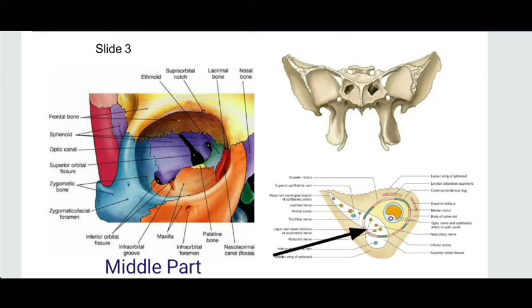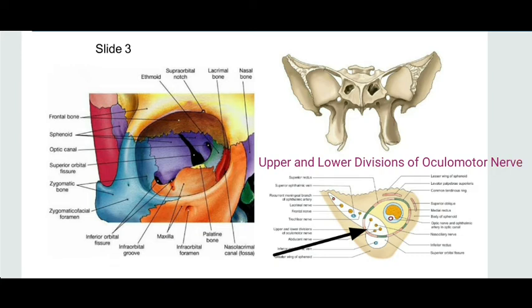Coming to the middle part, it transmits upper and lower division of oculomotor nerve, which is the third cranial nerve.